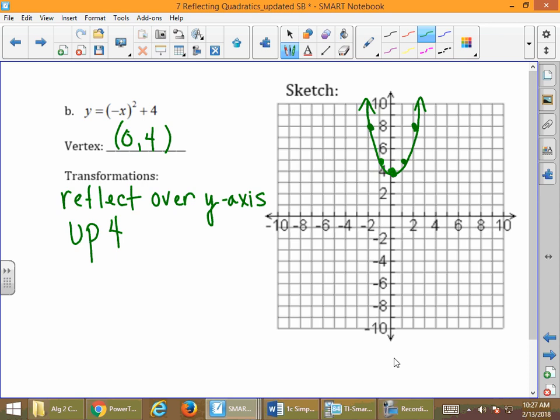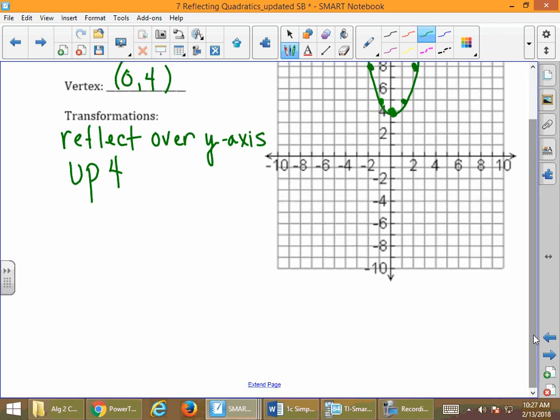Now I know this question doesn't ask for it, but what's the domain of this quadratic? Well, the domain of that quadratic is negative infinity to infinity, which means all reals. And the other question that I've asked you beforehand is, what's the range?